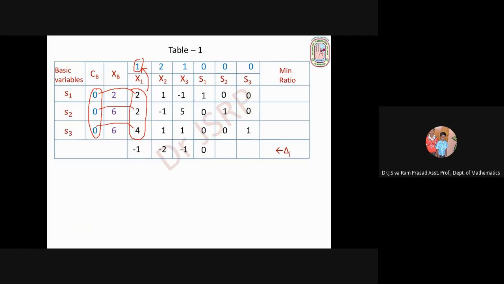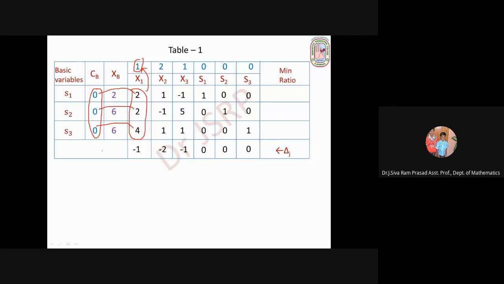Or you can calculate, you get 0 into 1 plus 0 into 0 plus 0 into 0 minus 0. So for basic variables, the delta J value is always 0. You need not calculate that delta J value for basic variables. So you can write 0 0 0. So these are scalars for each variable.